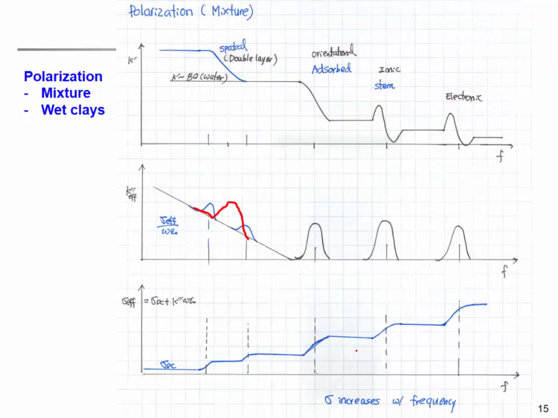And when you see the real permittivity and the imaginary permittivity according to the frequency, you have an electronic resonance, and here the kappa will be 0, right? And as the frequency decreases, now you are moving the water molecule that can stretch, or the salt, so there you have an ionic polarization or Stern layer polarization. And as you decrease the frequency more, now the adsorbed water can move, and this shows the relaxation type of behavior.